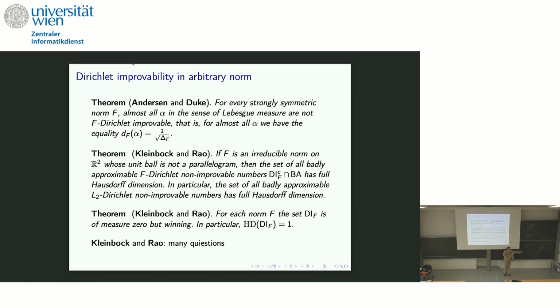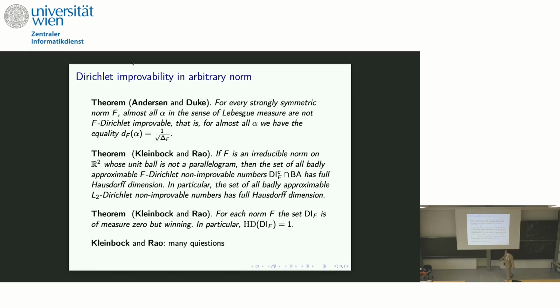Any critical lattice may be rotated by any angle, and it will remain a critical lattice. Honestly speaking, Kleinbock's theorem considered for LP norm deals with only one case, P equal to 2. In all other cases, we do not have irreducibility.